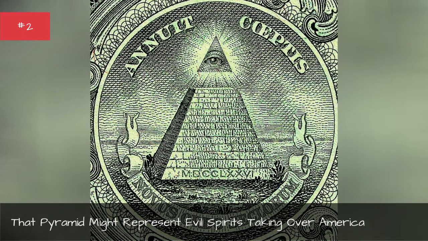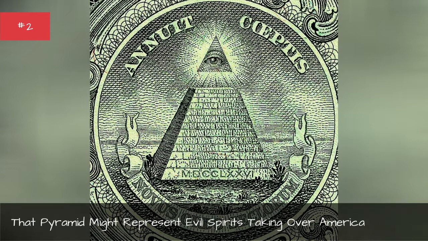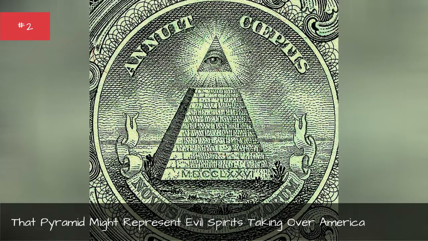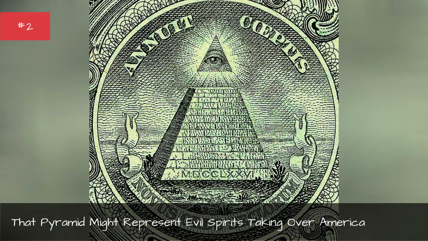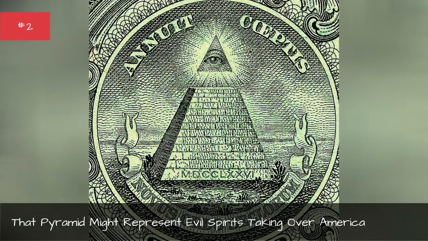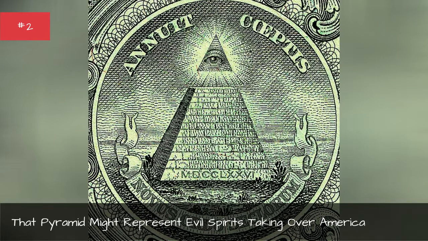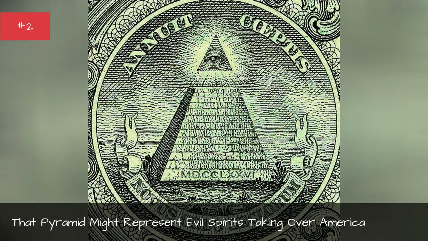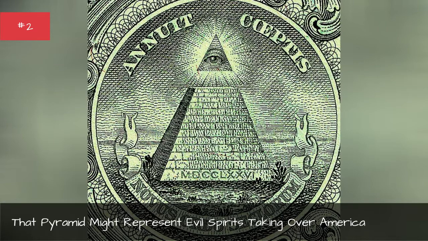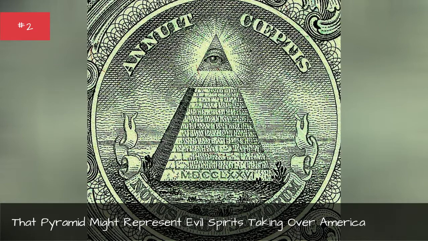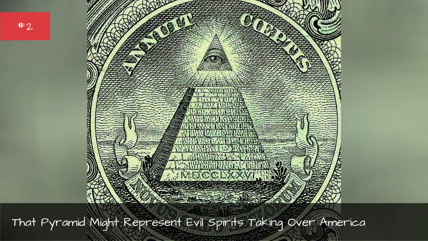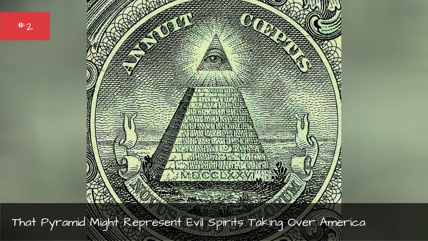What people really think it means: according to Bill Ellis, a professor of American Studies at Pennsylvania State University, the pyramids signify human structures that have lasted throughout the ages. As mentioned before, the pyramid and eye didn't have their own place until FDR removed it from the other half of the Great Seal in 1935.